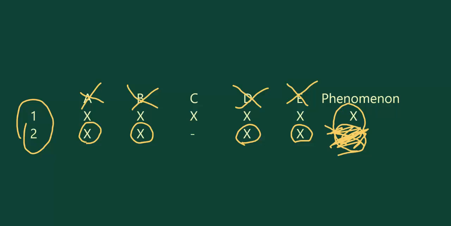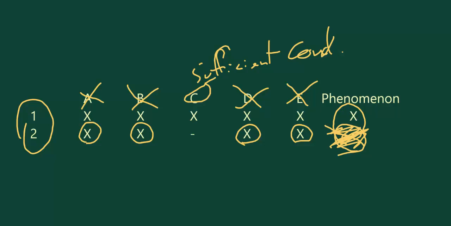So the fact that we don't have a case in which C fails to guarantee the phenomenon, that's evidence that C is a sufficient condition. So this is the method of difference.